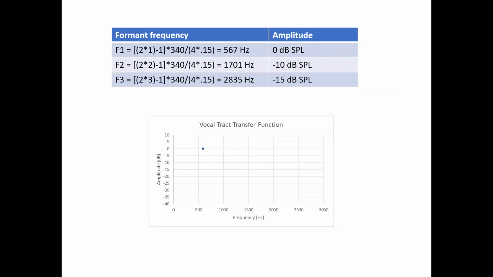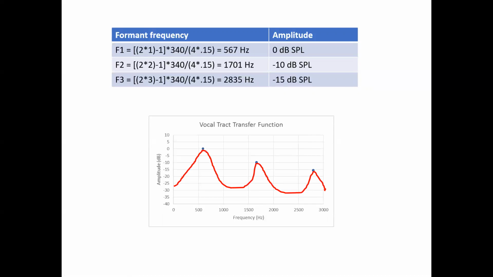That means we're going to take off 10 decibels of amplitude from any frequency that falls at that location. I'm just going to plot a dot here, 1701 hertz, minus 10 dB. And then for my third point, it's going to be at minus 15. So there's 2835 hertz, and I'm plotting my little dot here at minus 15 dB SPL.